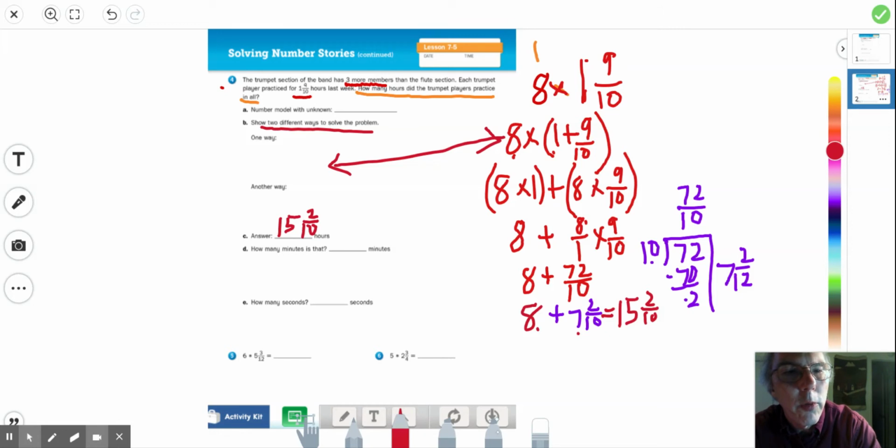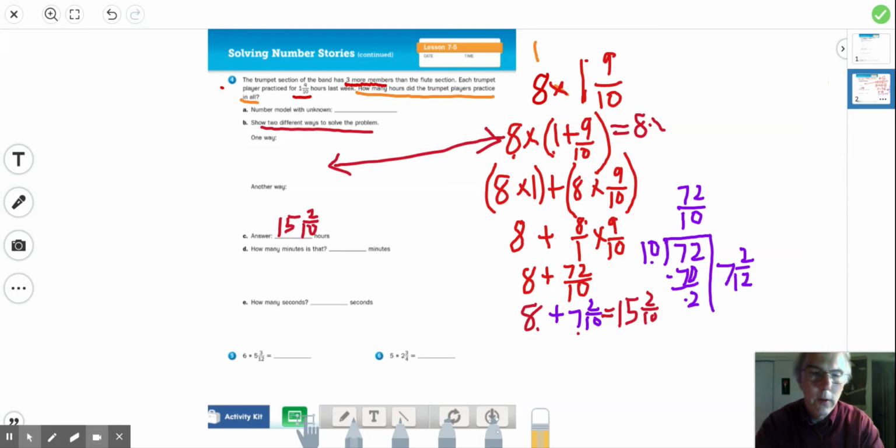And we could have just multiplied and done the 8, and then oops, that's going to be a plus sign actually. Yet another mistake. It happens all the time.